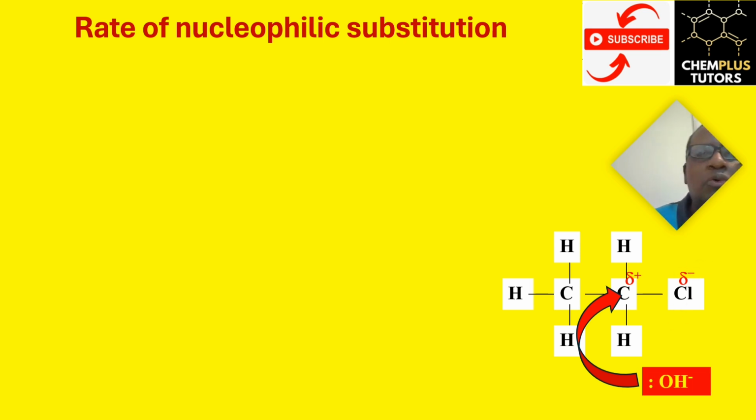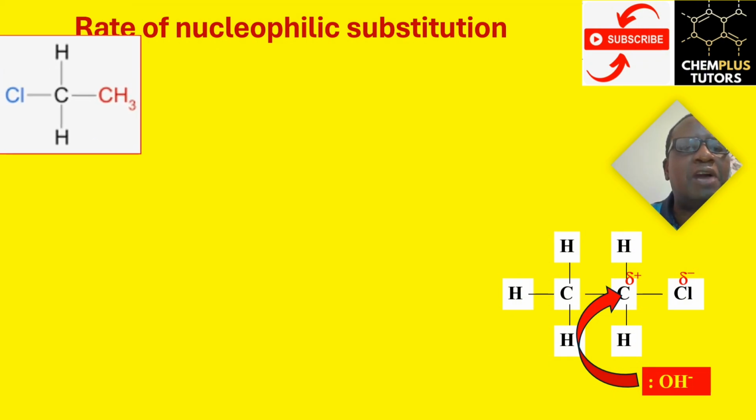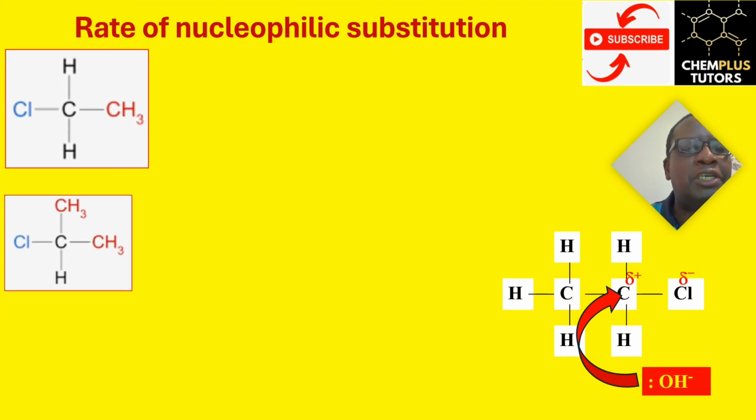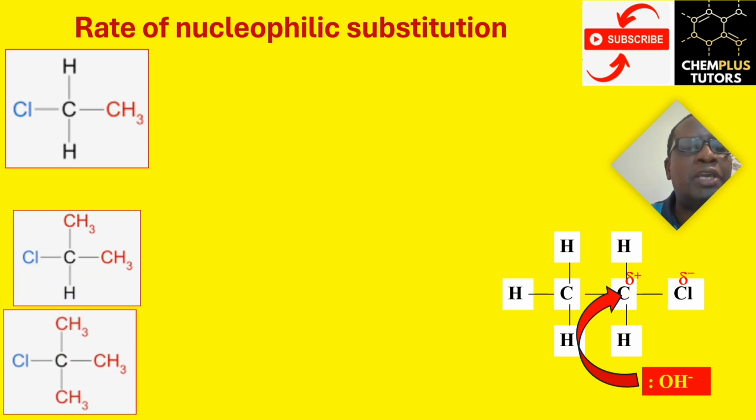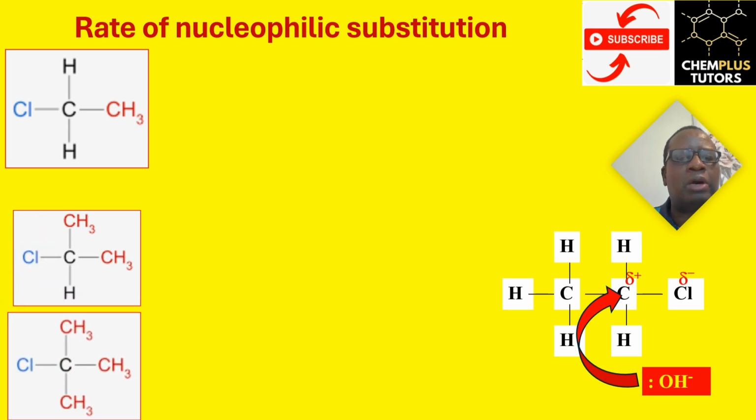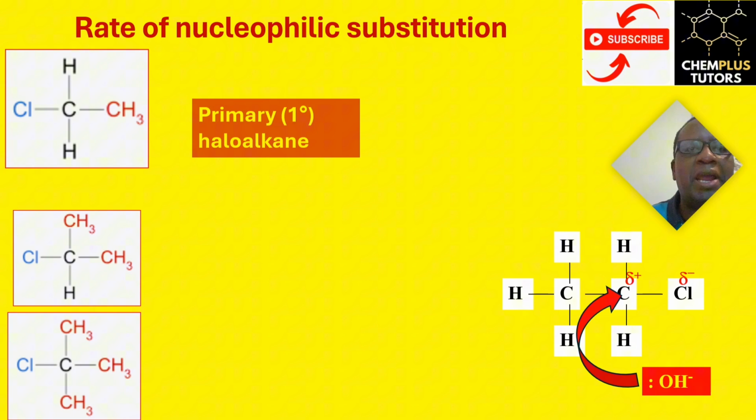Now, before we look into the rate of nucleophilic substitution, we want to classify haloalkanes. The first one, you can see that the carbon to which the halogen is joined is only attached to one other carbon atom. So we call that primary.